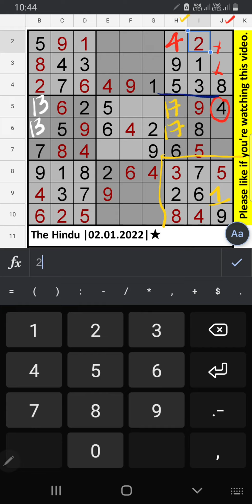In this grid, 2 numbers are remaining, 2 and 3. In the 6th row, we have 2. So 2 can't come in this cell. 2 is here. 3 is confirmed here. Since 3 is here, 3 can't come in this cell. 3 is confirmed here. Number 1 is confirmed here.